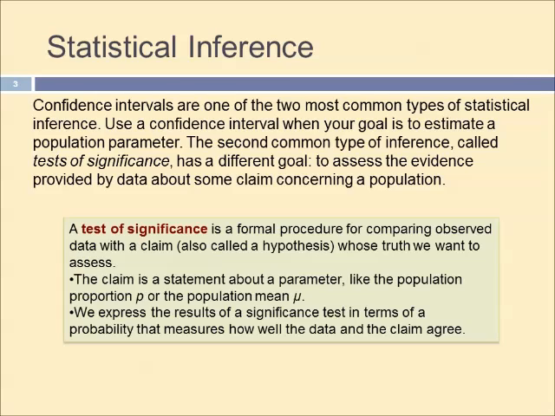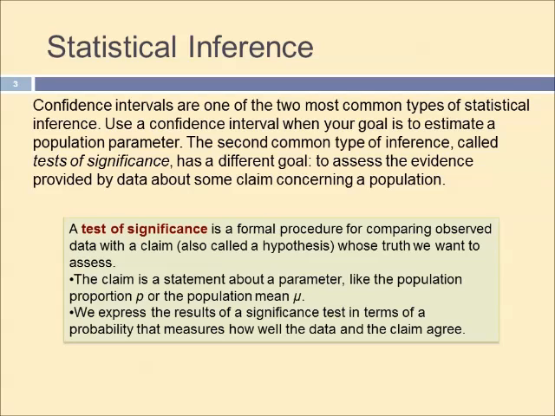So, confidence intervals are one of the two most common types of statistical intervals. We use a confidence interval when the goal is to estimate a population parameter. The second common type of inference, called tests of significance, has a different goal, and that's to assess the evidence provided by data about some claim concerning a population.